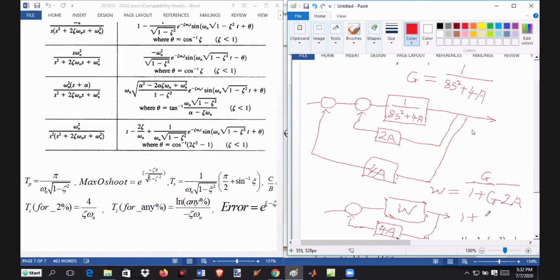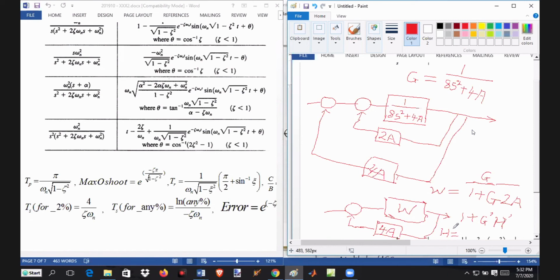I call it G prime, H prime is 4a. Now G prime you have to calculate yourself: put in W first, put in the G there, then you calculate.